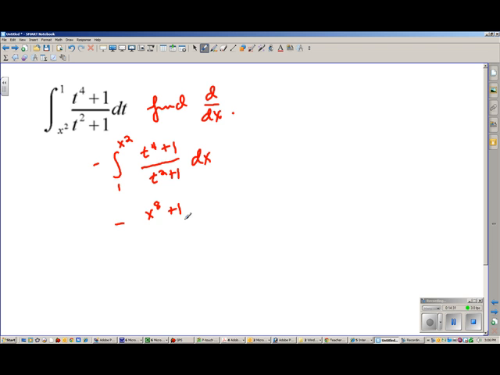And downstairs, the whatever is x squared, and we're going to square it again, so it's going to become x to the 4th, right? x to the 4th plus 1. And then we're going to multiply that by the derivative of the whatever. So we're going to say times 2x.